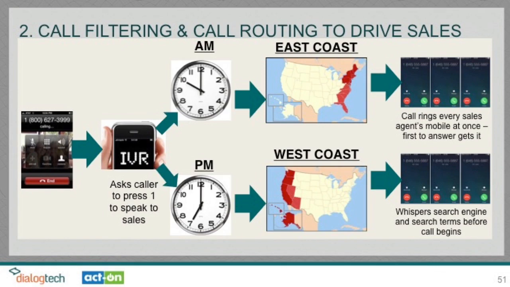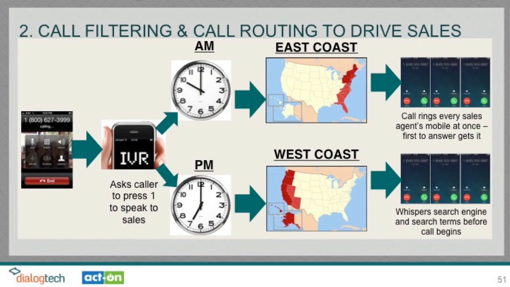So if the call came in the morning or early afternoon, that call was automatically routed to the VERSATUBE sales agents on the East Coast, and it was sent directly to every sales agent's mobile phone at once. I mentioned earlier about the different options for call routing. This is one of those options. You can route based on time of day to send to every sales agent's mobile phone at once, and the first person that answered the call took the call and took the lead.